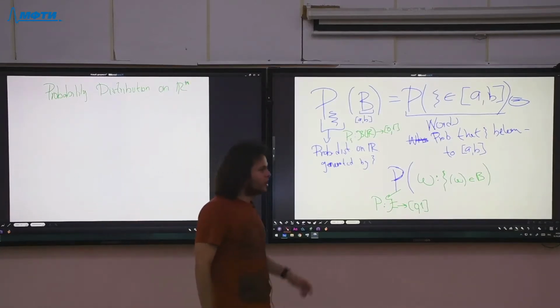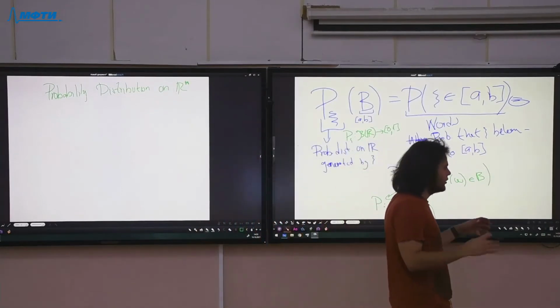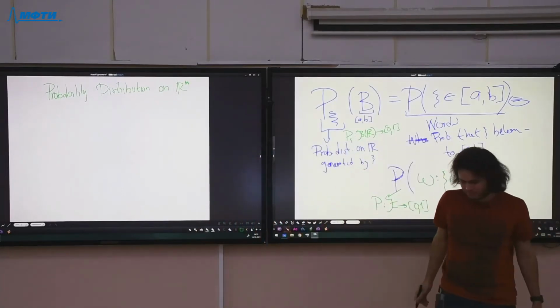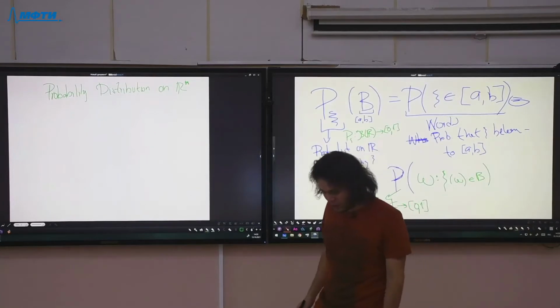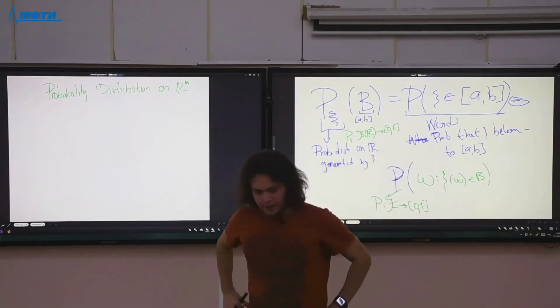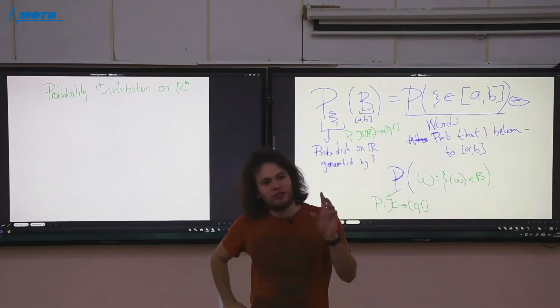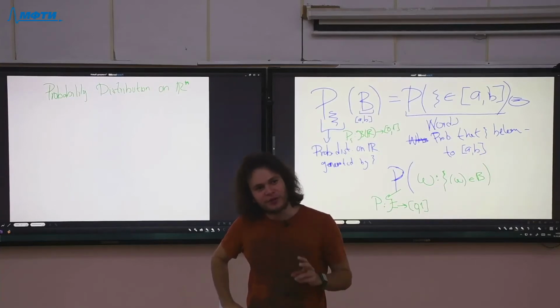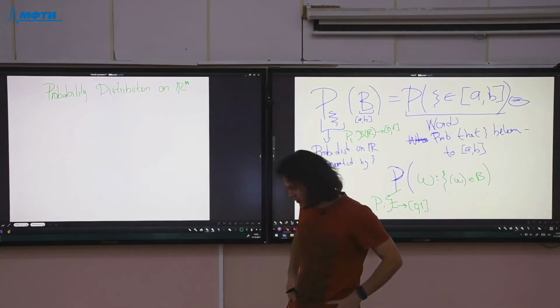So we've been talking about R, now we'll talk about the space, right? Any space of any dimension here. Well, this is almost the same. We have a few differences, but it's almost the same.